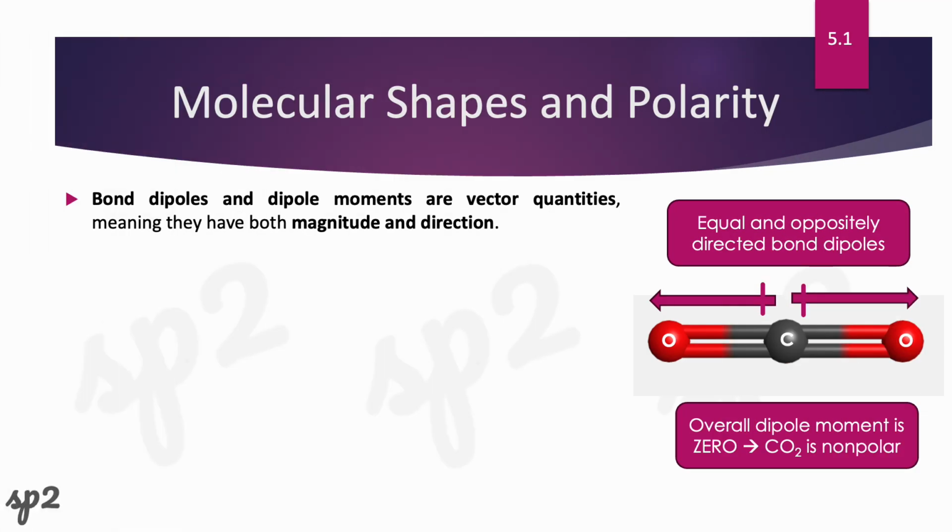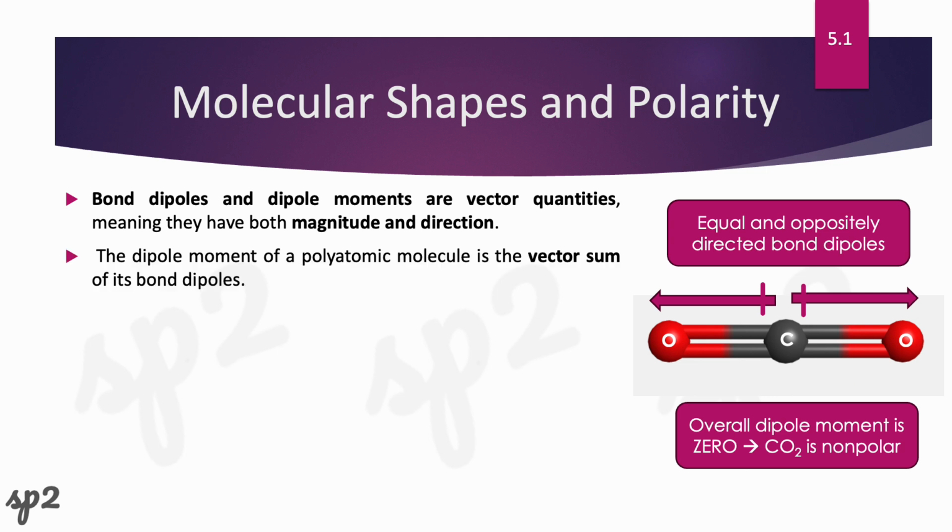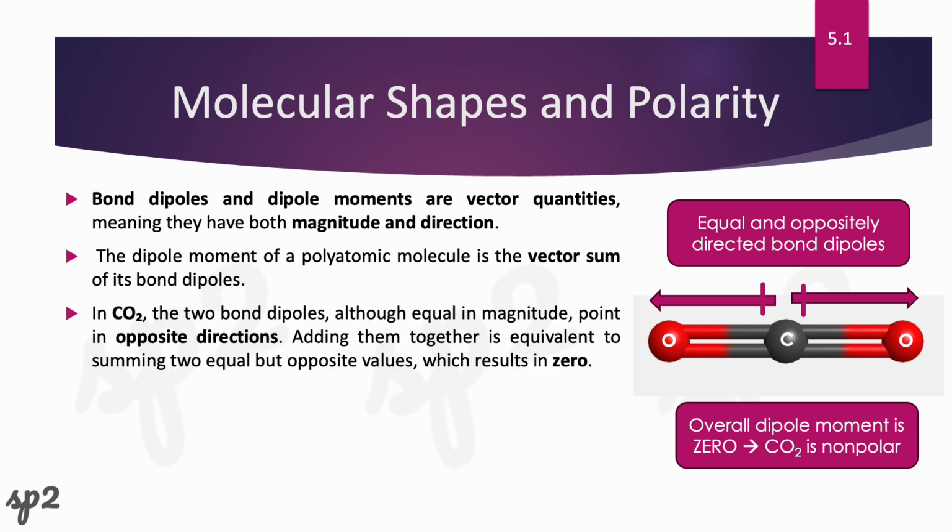Bond dipoles and dipole moments are always vector quantities, meaning that we need to consider both their magnitudes as well as their directions. The dipole moment of a polyatomic molecule is always the vector sum of all of its bond dipoles. In CO2, the two bonds are polar, so I have two bond dipoles.